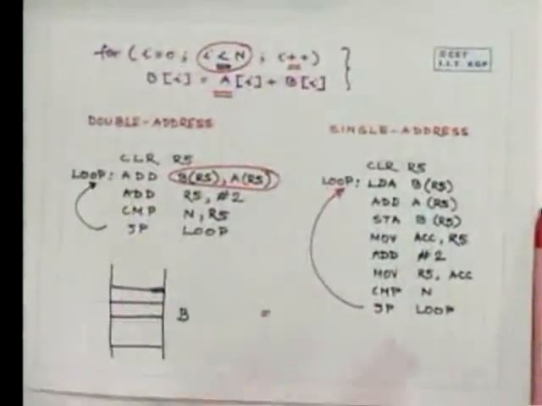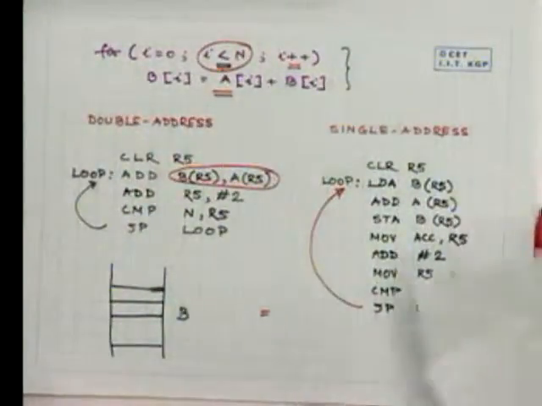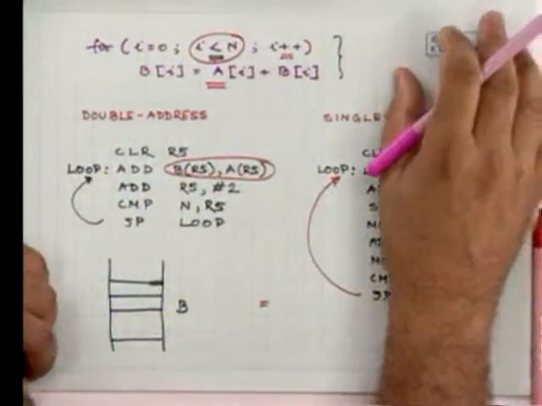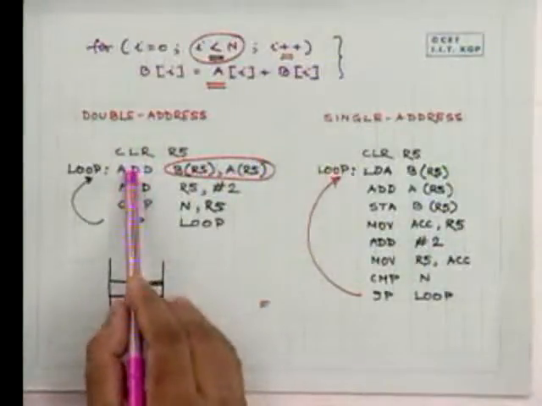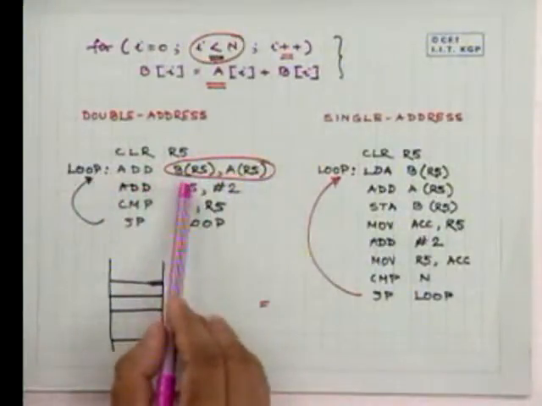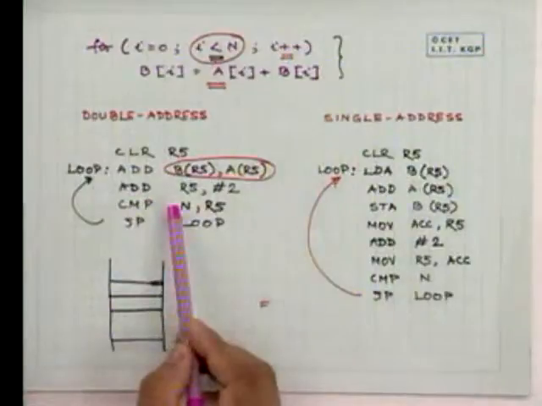Now, let me tell two things. The addressing modes that we have discussed so far, like single address, double address, and sometimes we talked about triple address. We have not given any examples of triple address instructions here. We have talked about such assembly language codes, such symbolic mnemonic representation of programs.